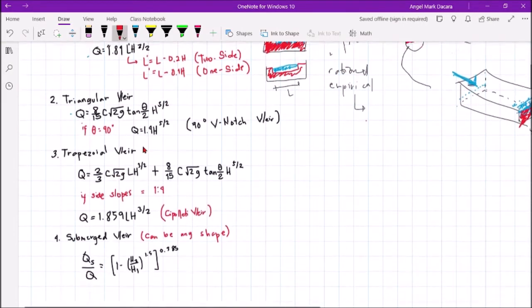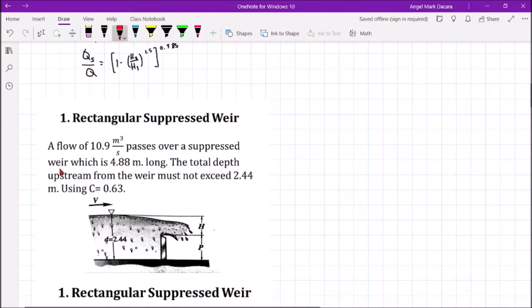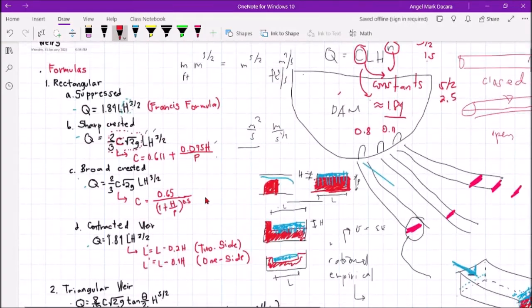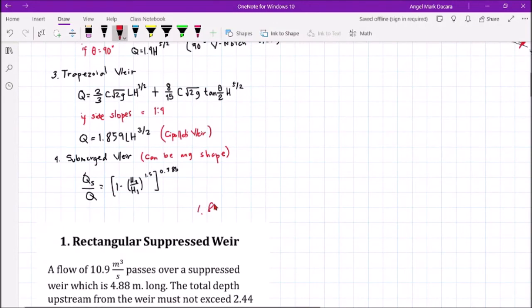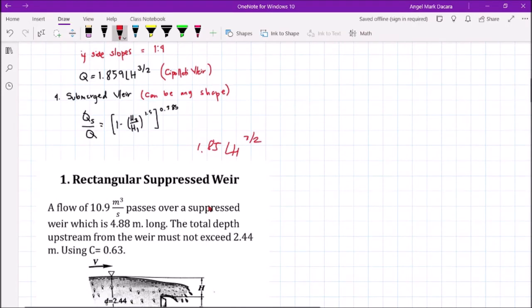Okay? Kaya na this is 1.85. Pinalitan ko, ginawa ko muna ng 0.63 kasi it will cause confusion kung this is 1.85. Tapos, ang gagamit nating formula is 1.85 LH to the 3/2. Okay? Kaya sabi ko nga, yung C, pinalitan natin. Dahil yung C malapit na sa 1.84, pinalitan na natin yung C ng 1.85.